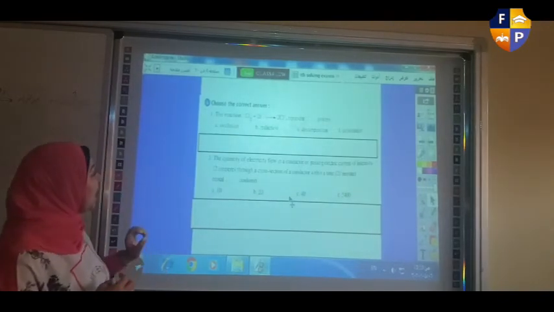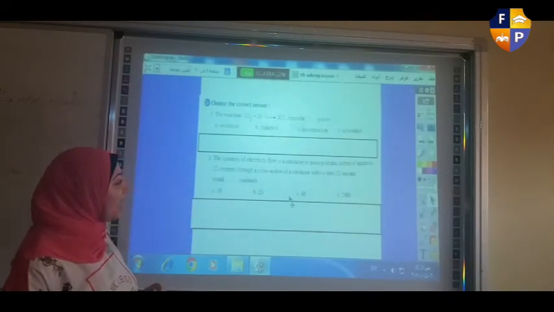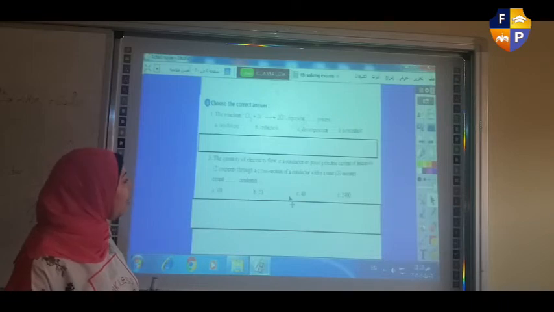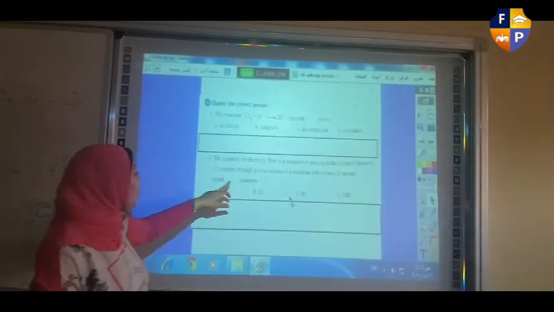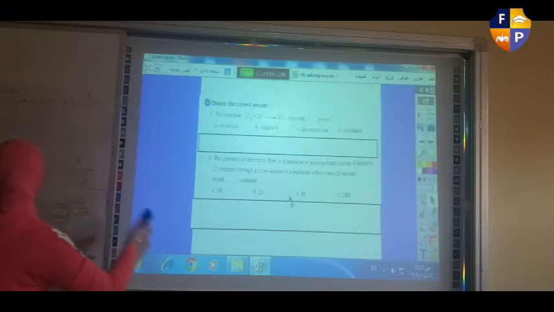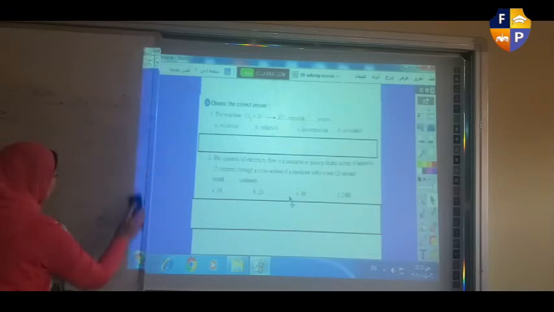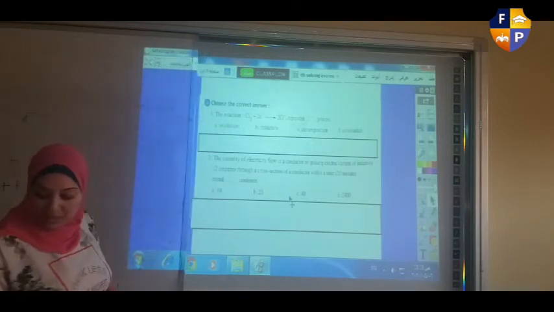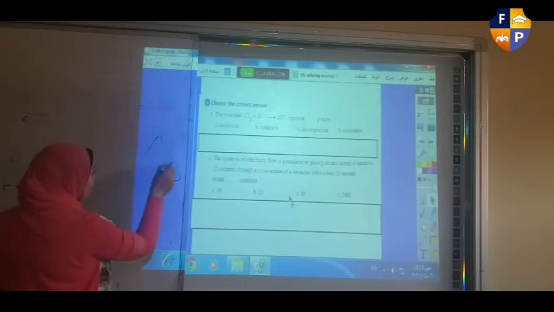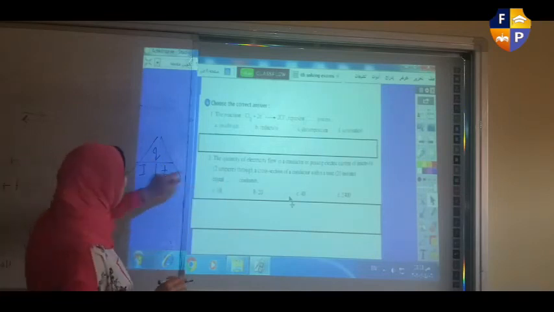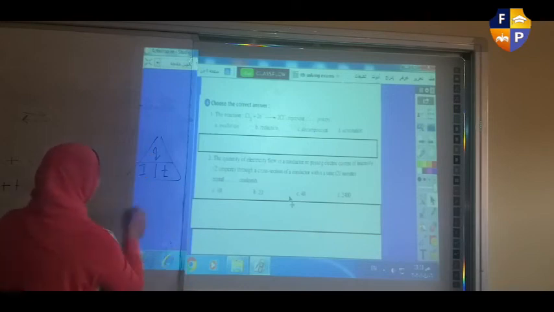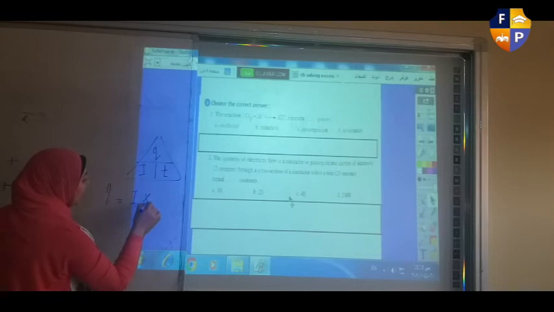Excellent. The quantity of electricity flowing in a conductor on passing an electric current of intensity 2 ampere through the cross section of a conductor for a time of 20 minutes equals how many coulombs? Okay. Can you remember how you can calculate the current intensity? Current intensity I equals the quantity of charge transferred through a conductor in a unit time. So when we want to calculate the quantity, the quantity equals current intensity times time.